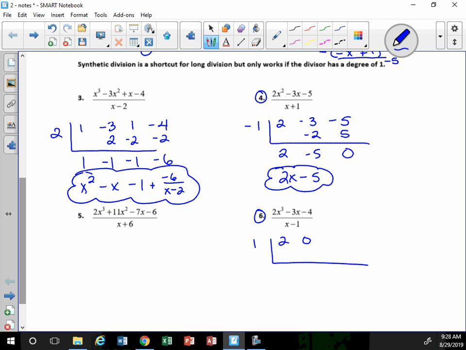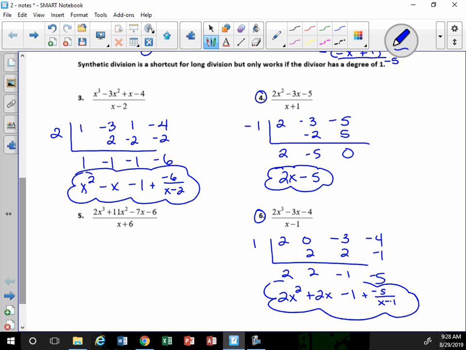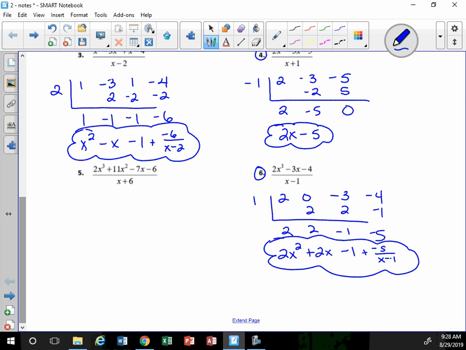Don't forget your 0 in this one. All right, so I'm going to get 2x squared plus 2x minus 1 plus -5 over x minus 1. All right, we good? Okay.